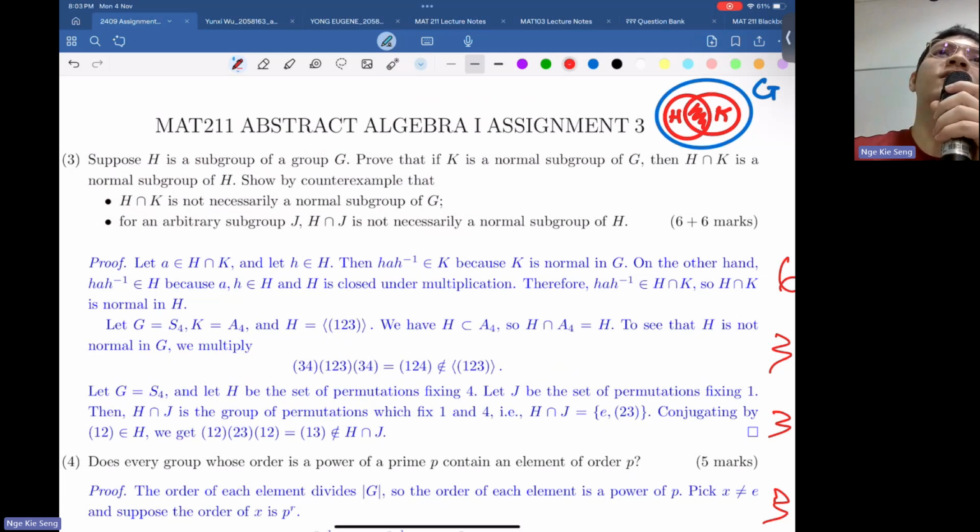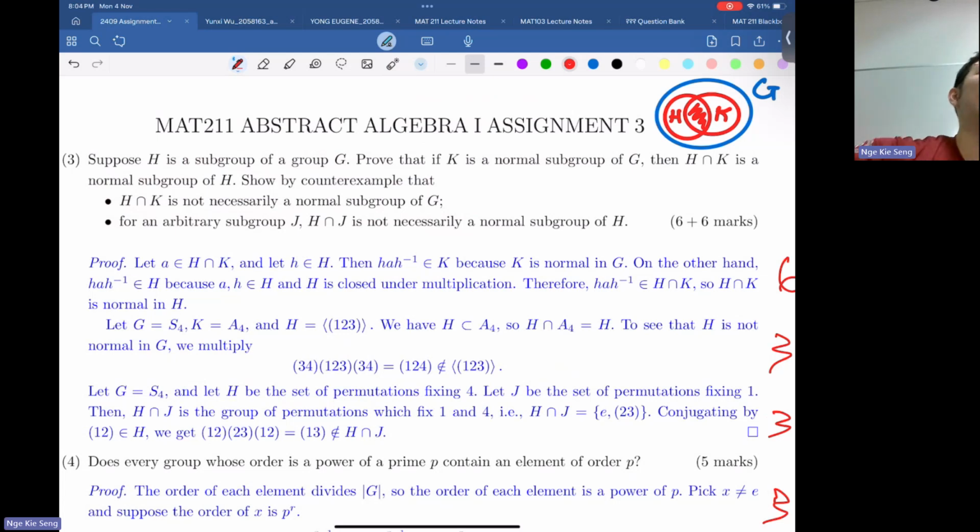Non-trivial normal group, right? Can a normal group be trivial or not? Is a trivial subgroup a normal group? Is a trivial subgroup a normal group or not? What's the name of the student next to Xiaoye? Sun Jiayi. Okay, Sun Jiayi, is a trivial subgroup a normal group or not? No. You think no? What about Xiaoye?